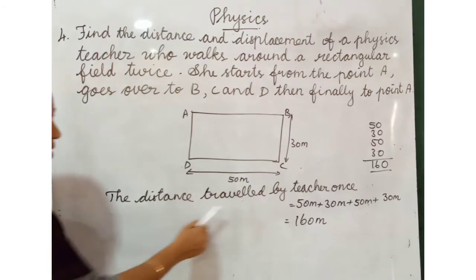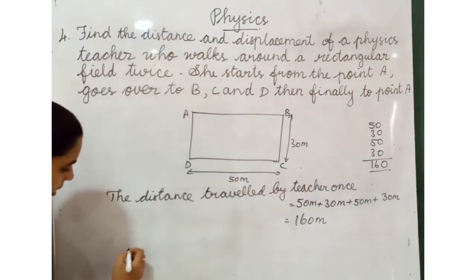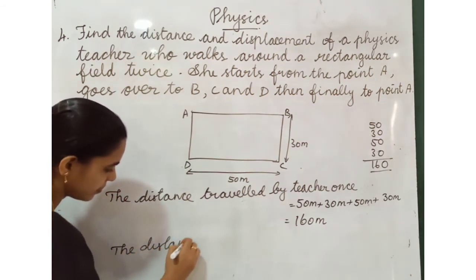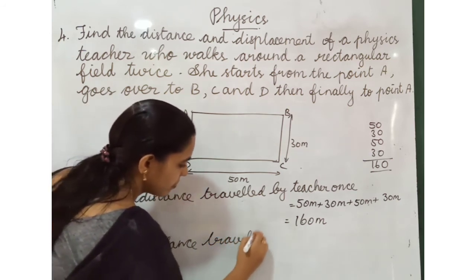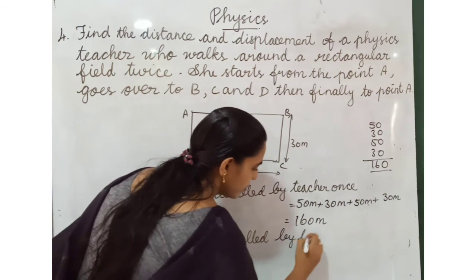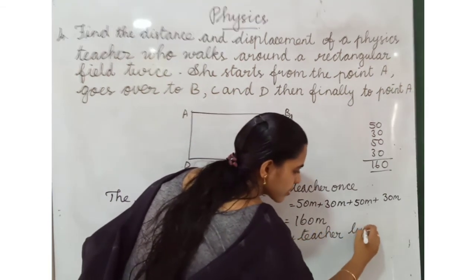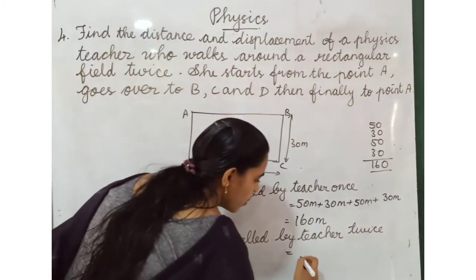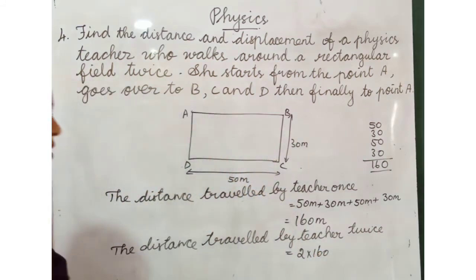Listen, the distance travelled by the teacher once. Again, the distance travelled by the teacher twice is equal to 2 into 160. 2 into, it is twice.